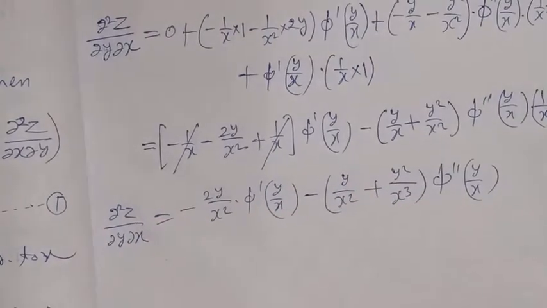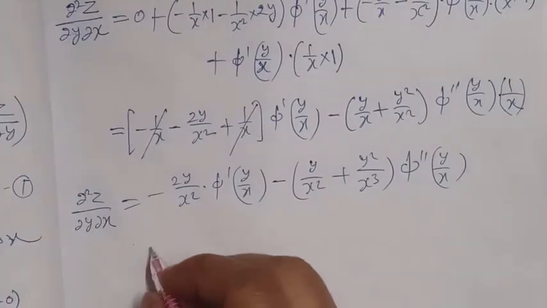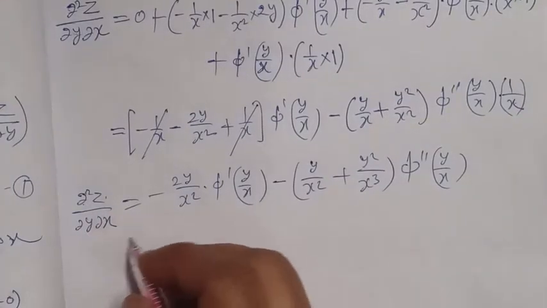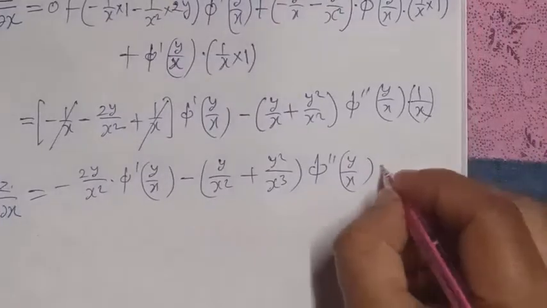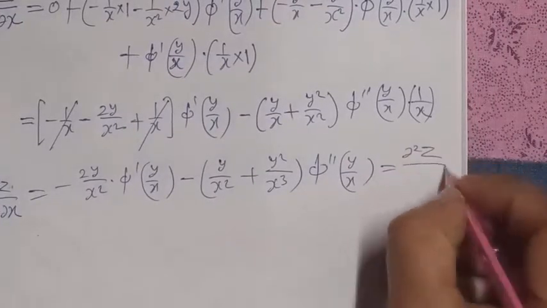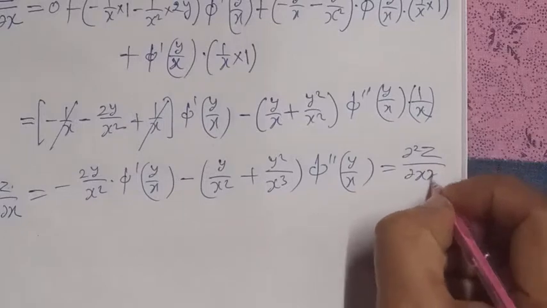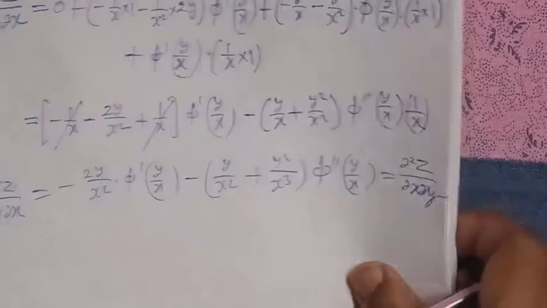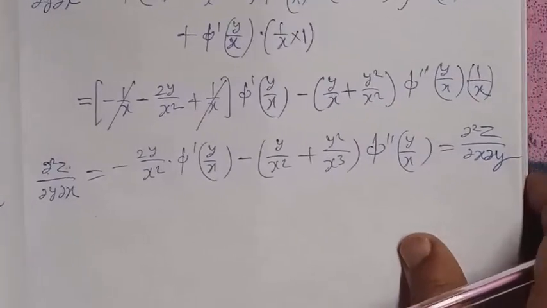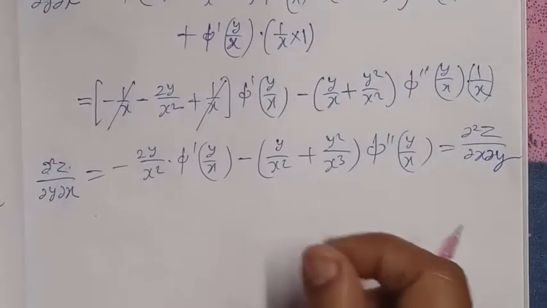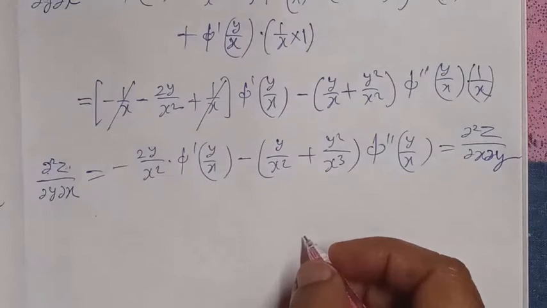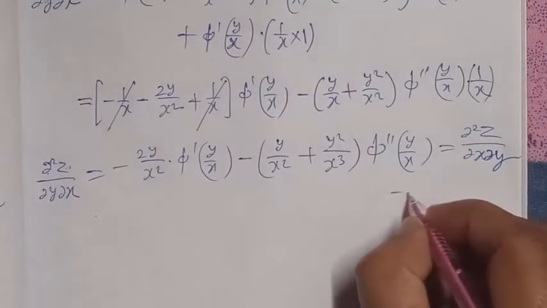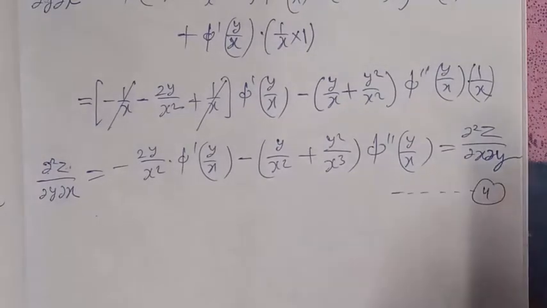It is not only the value of del 2 z over del y del x, it is also the value of del 2 z over del x del y. You can solve it, or you can use it as I use it. So I write it as equation 4, and I will use it in successive steps.